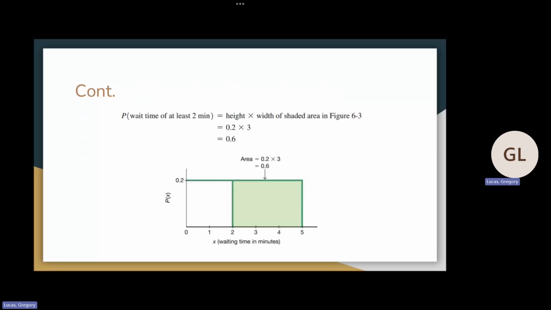So the height of that rectangle is 0.2. And then there's 3 possible choices. It could be 2 to 3 minutes, 3 to 4 minutes, or 4 to 5. Or you can think of it as the difference between 5 and 2 would be 3. So one side has a height of 0.2. This has a side length of 3. 0.2 times 3 is equal to our 0.6 here.